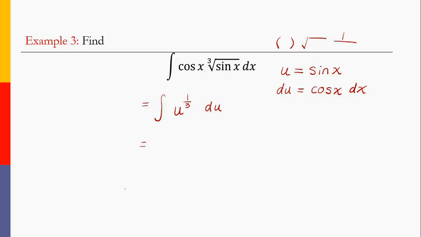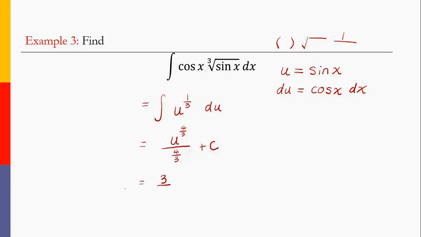According to the power rule, the antiderivative of u to the 1/3 power is u to the 4/3 power divided by the new power 4/3 plus the constant c. Again, we substitute back the expression of x and simplify.